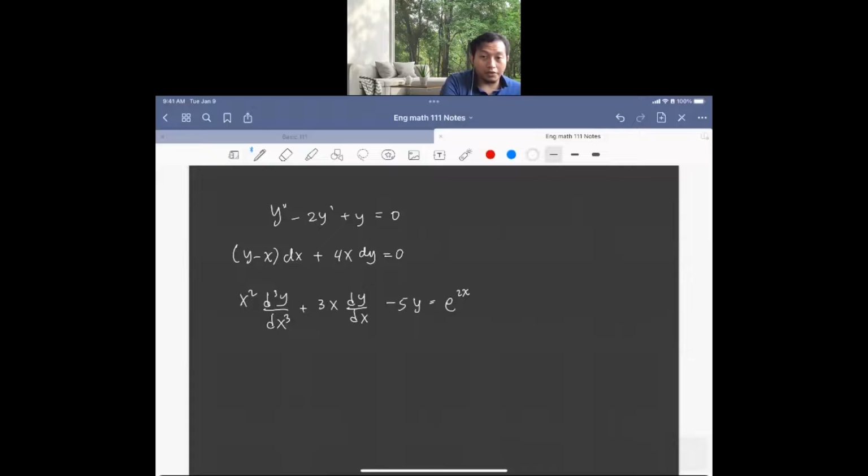Now, if we look at these three, we need to classify whether each is linear or nonlinear and what kind of order. I believe the first one is linear, and it's second order, right?